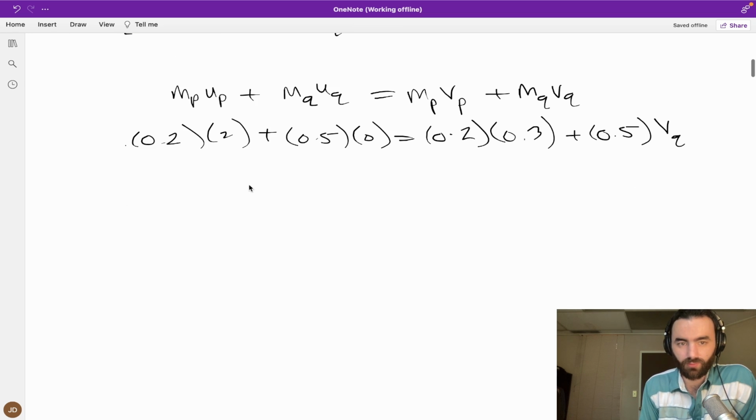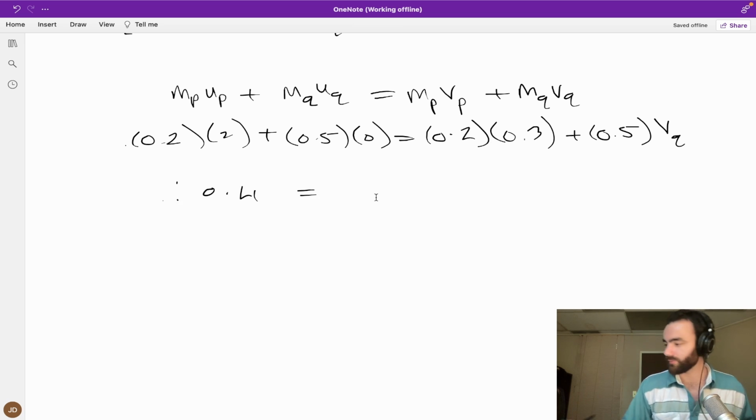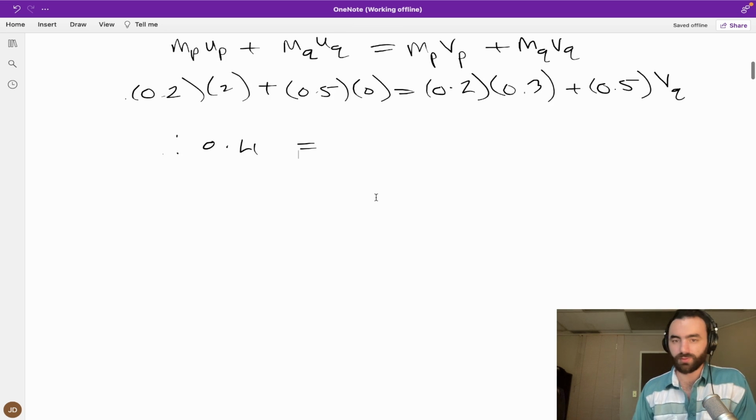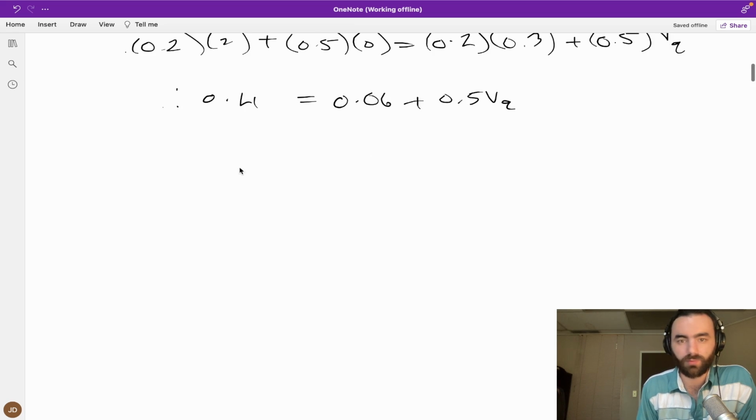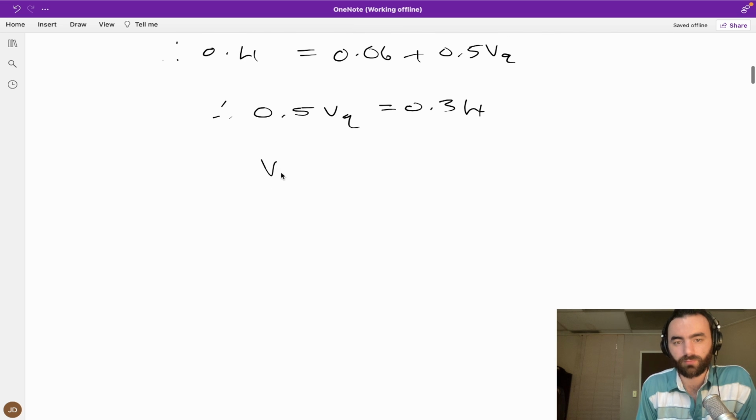So we get 0.4 equals 0.2 times 0.3, which is 0.06, plus 0.5 VQ. Therefore 0.5 VQ will equal 0.34. So VQ should be this divided by 0.5.